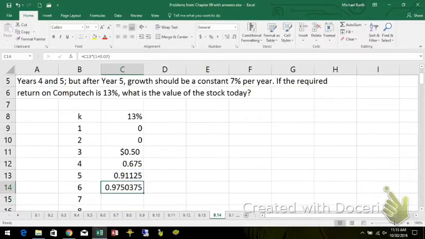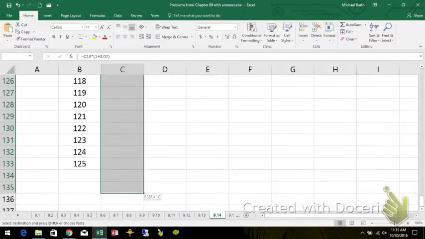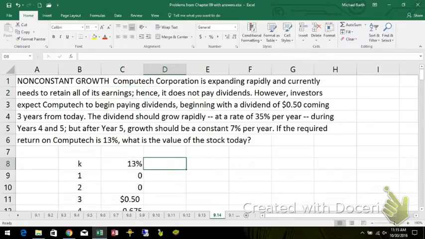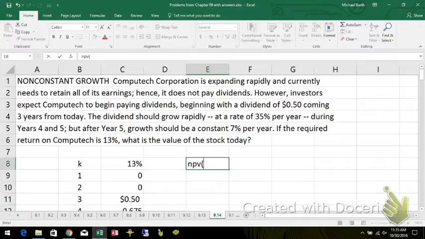We'll take this out into the future. I could use the NPV function. The NPV function asks for a rate of return, or a discount rate, and then all the cash flows.